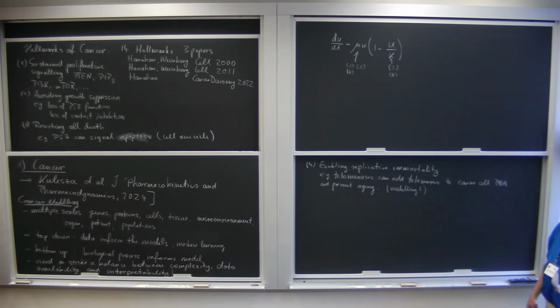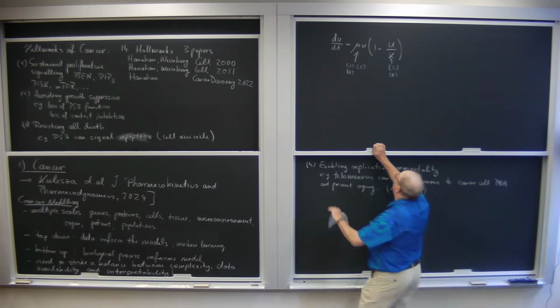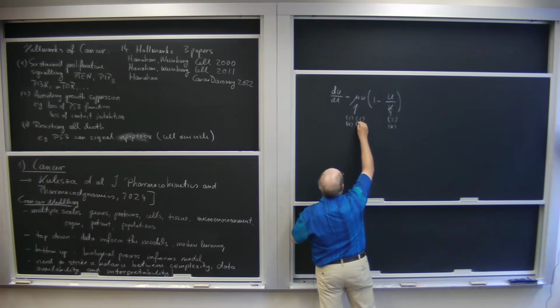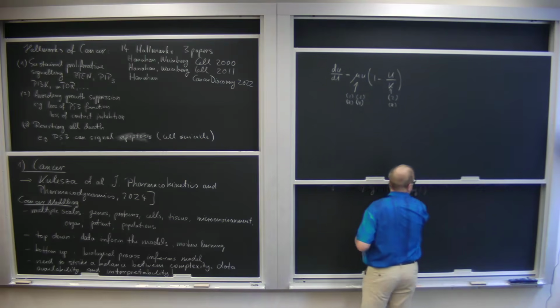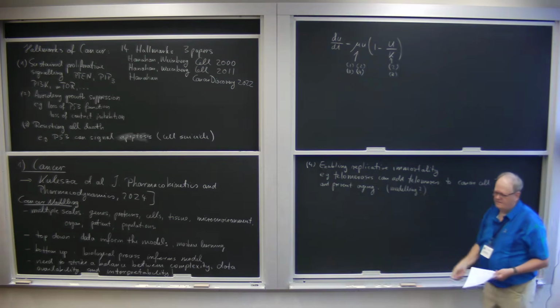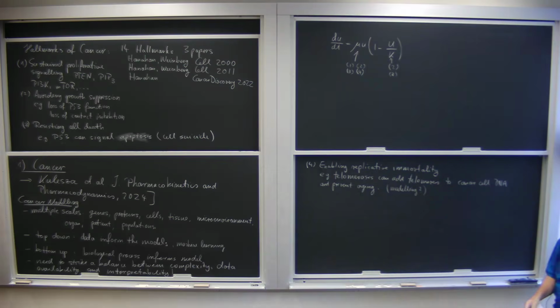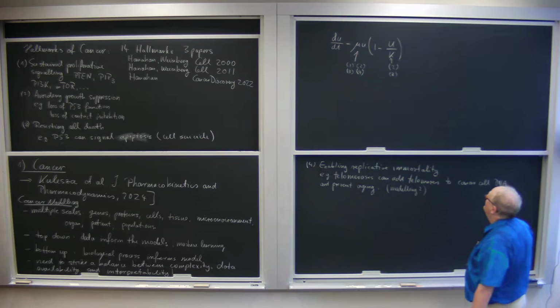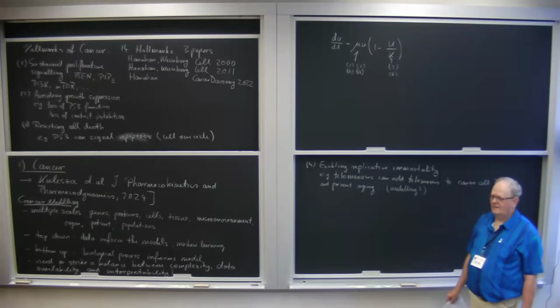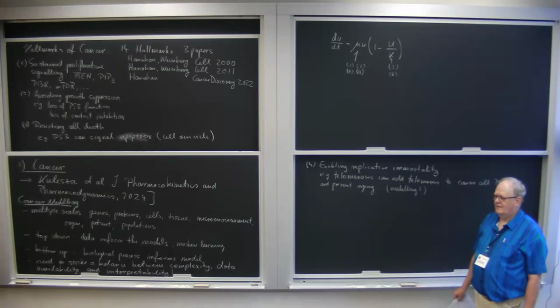Mu again, right? Yeah, exactly. Is u supposed to be the volume of the cancer, or something about a specific cell? Because telomere extension is at the cell level.